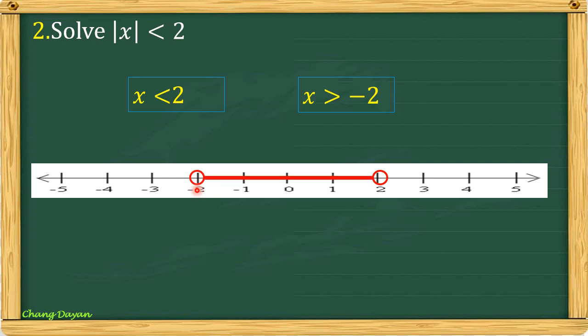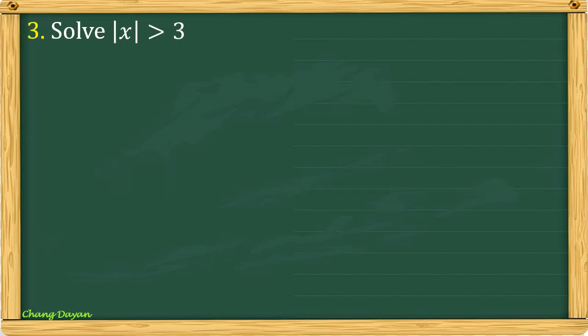So meaning, the numbers between negative 2 and positive 2 are the solutions of the given equation. So we have negative 2 and 2. Number 3. Solve the absolute value of x greater than 3.